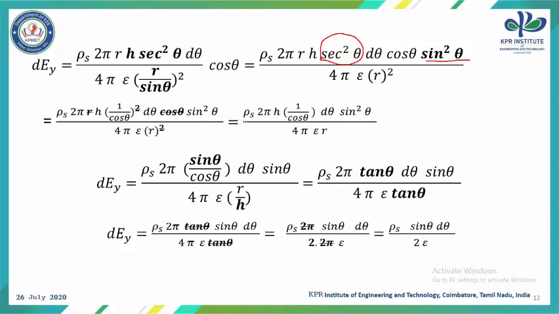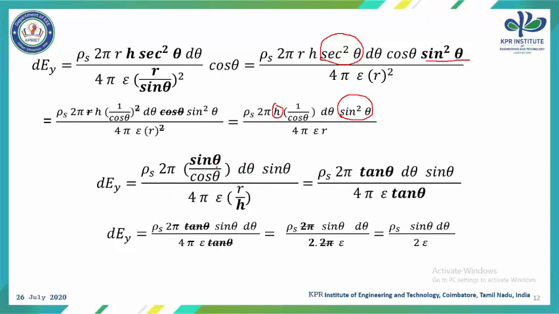Finally you are going to get rho s into 2 pi h divided by 1 by cos theta into d theta into sin squared theta divided by 4 pi epsilon into r. Now you have to take this term sin squared theta and split it into sin theta and sin theta and simplify it. Now this term h is brought to the denominator. So now the equation becomes like this.